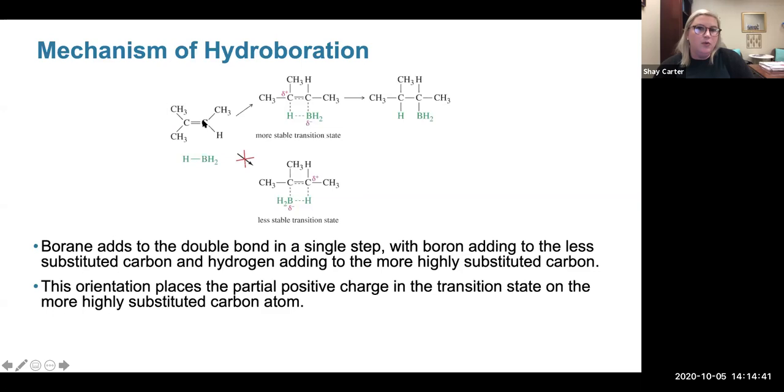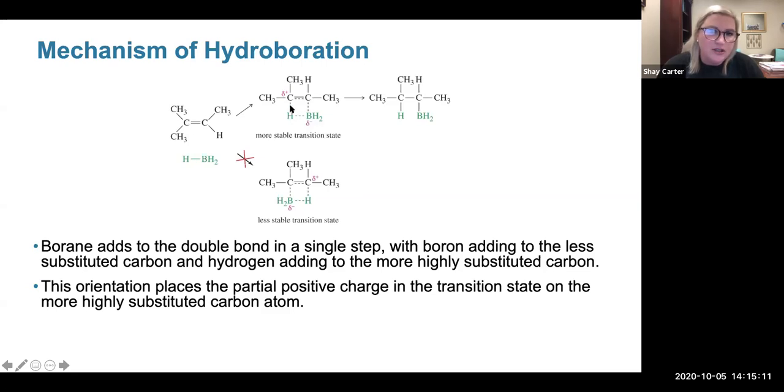So here, the borane adds to the double bond in a single step, with boron adding to the less substituted carbon and hydrogen adding to the more highly substituted carbon. So this is how we get the anti-Markovnikov product, okay? So here we have our double bond, okay? And this is our most substituted carbon.